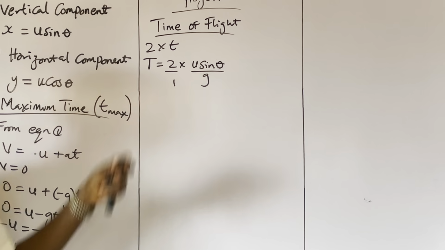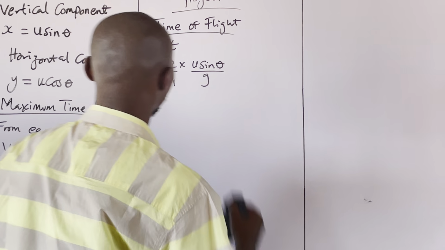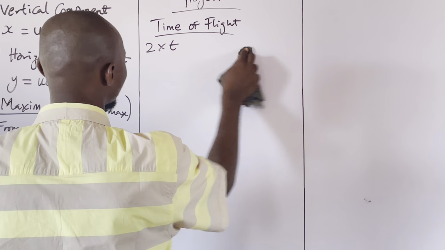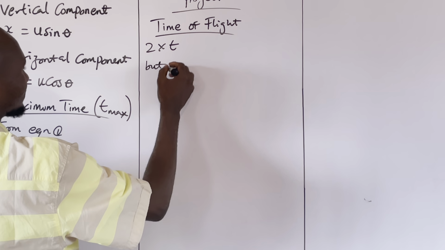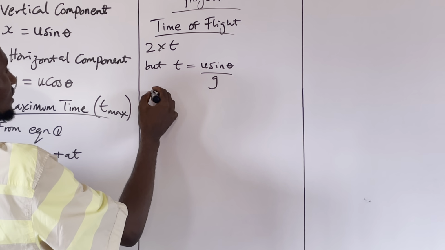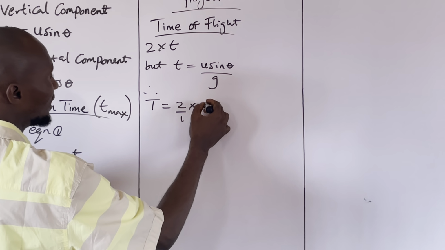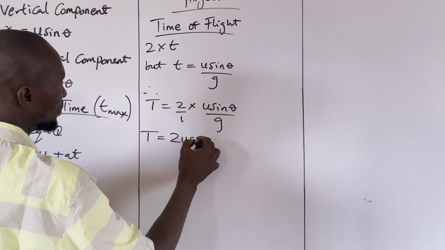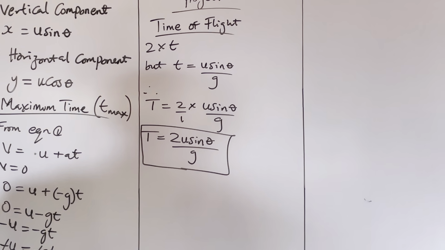Don't forget this t. Let me just explain it and make it in a way you understand. Just stay with me and don't mind my duster. So we say t is equal to u sine theta over g. Then we say therefore t is equal to 2 over 1 times u sine theta over g. So t now is equal to 2u sine theta over g. Do you get now? This is our time of flight.